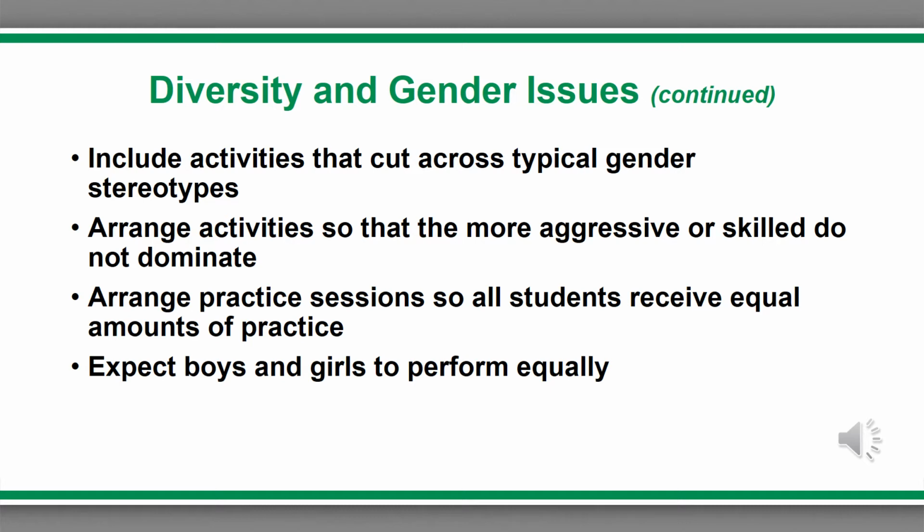Arrange your practice sessions so that all the students receive equal amounts of practice time, and expect all boys and girls to perform equally well. Remember, they do not have the actual muscle formation until later on. It's still elementary. They all are performing fairly equally, so expect all to perform equally well.